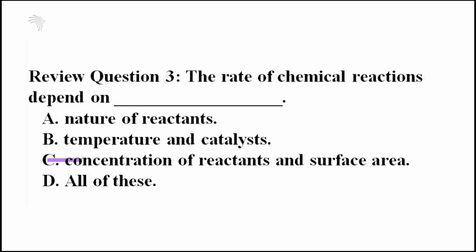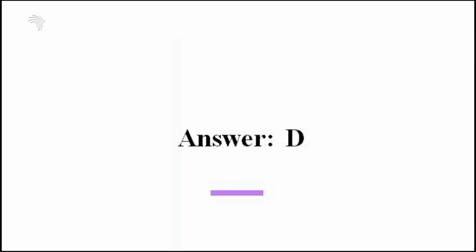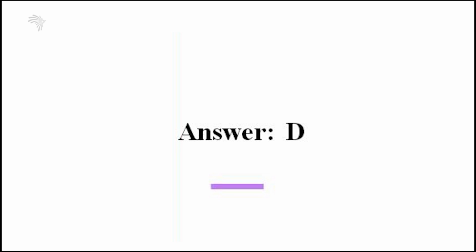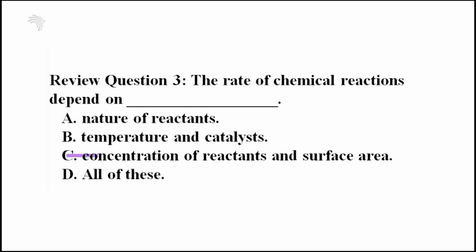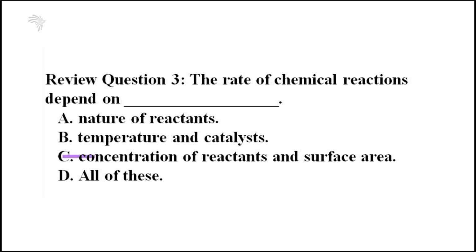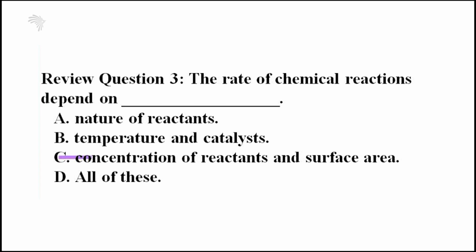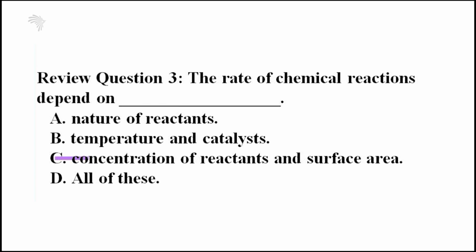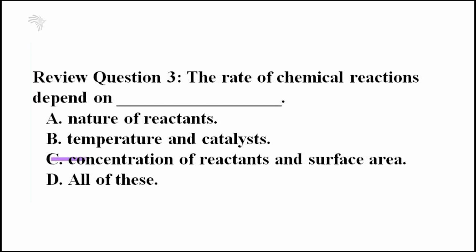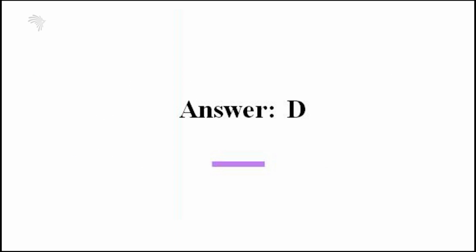The answer to this question is D, all of the above, because all the aforementioned things such as nature of reactants, temperature, catalysts, concentration of reactants, and surface area are factors that directly affect the rates of chemical reactions. So because of this reason, the answer to this question is D.